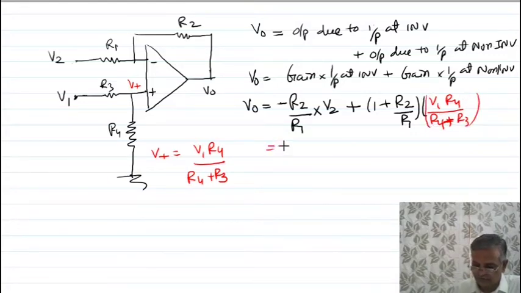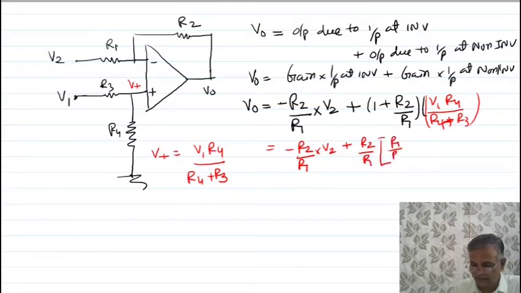So this is minus R2 by R1 into V2 plus, I am taking R2 by R1 common. So here left R1 by R2 plus 1 into V1 upon 1 plus R3 by R4.